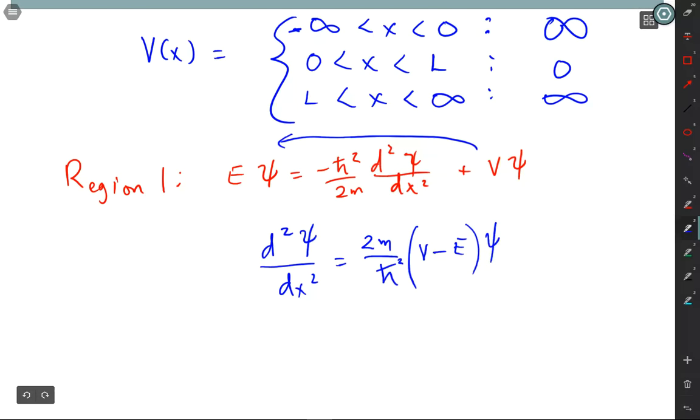So this is our time-independent Schrodinger equation, just solved for d second psi dx squared. Any questions about the math going from just here to here? It's pretty obvious. Okay, just have to make sure.